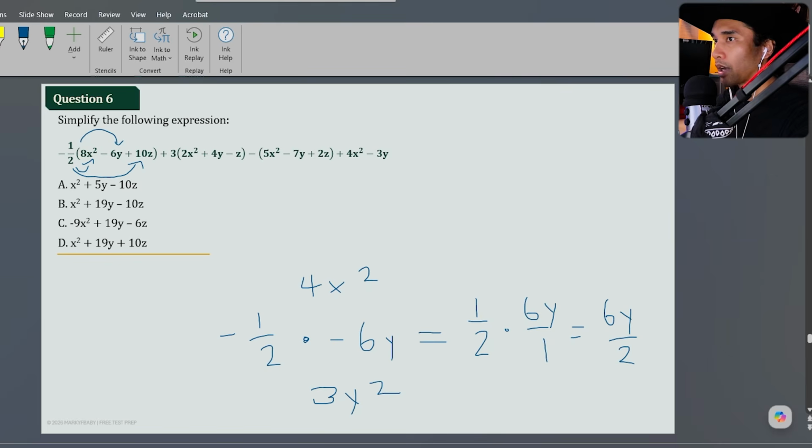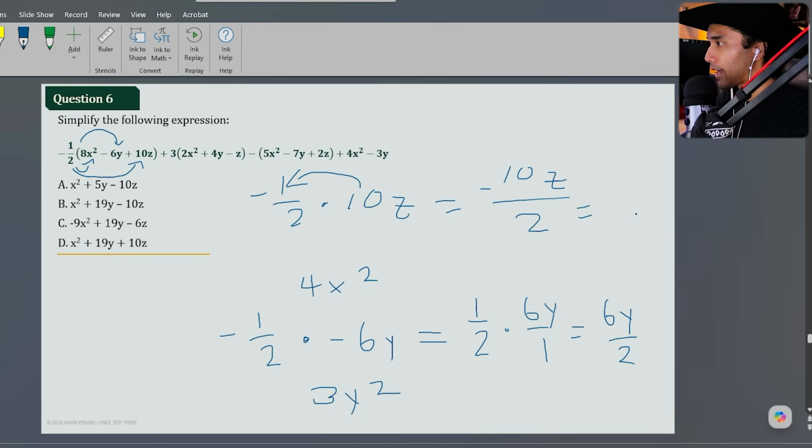I'm going to show you how I visualize it in my brain. So I have negative 1/2 times 10z. Well, you could just multiply this at the top. You don't need to put the 1 like I'm showing you. And then you get negative 10z over 2, and that just equals negative 5z.